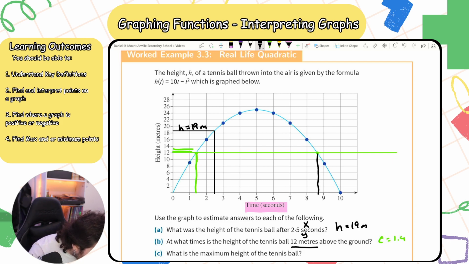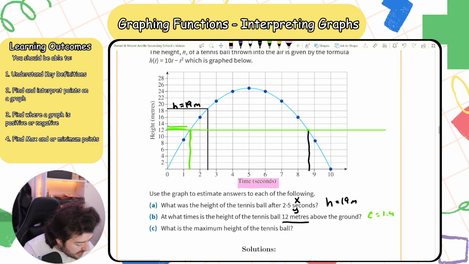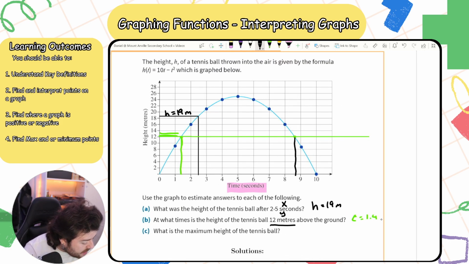Again, you'd be using your ruler, I just didn't because it's a pain to use a ruler on the iPad. That's going to be around 8.6. So t is equal to 1.4 or t is equal to 8.6.